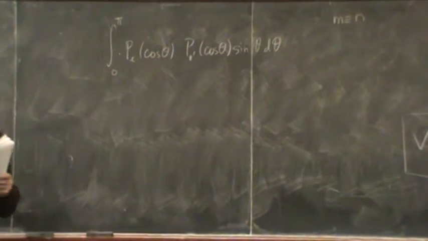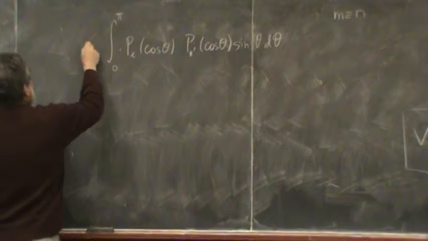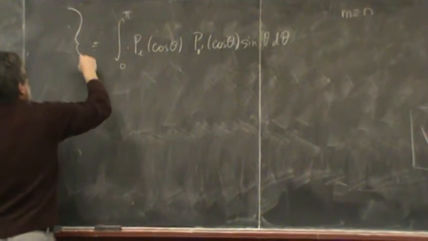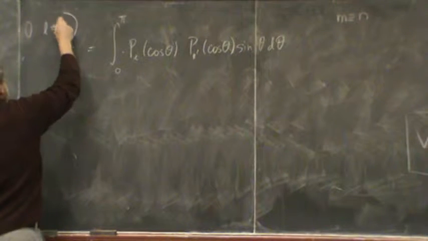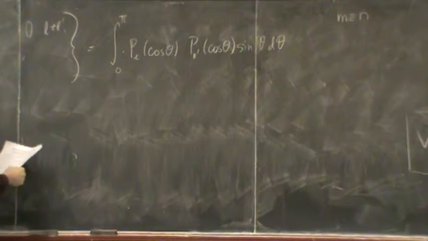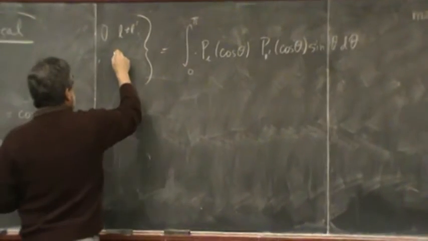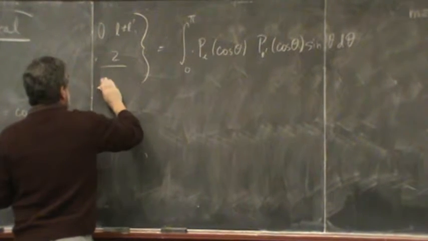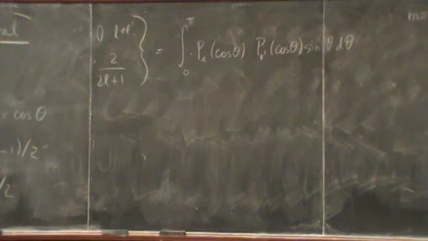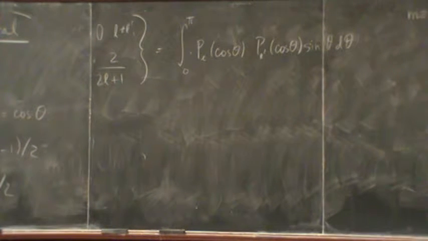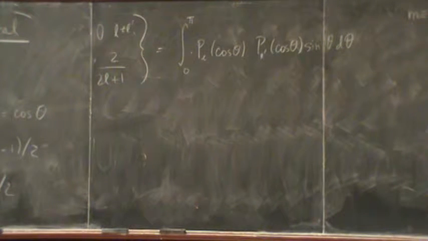That integral is 0 for L not equal to L prime, and it's 2 over 2L plus 1 for L equal to L prime. Okay?